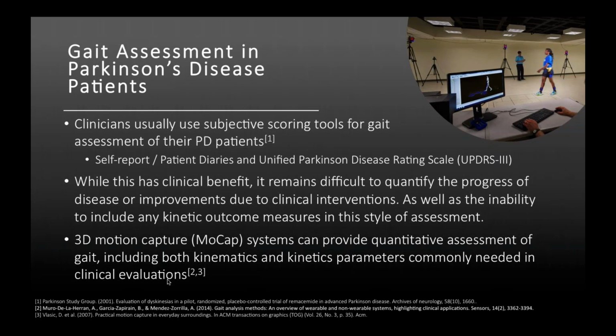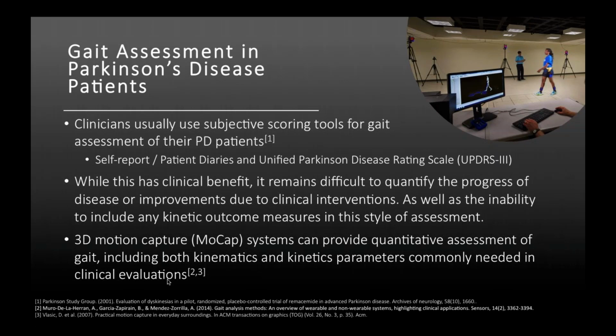Perfect. Okay, so when it comes to assessment of the disease, usually clinicians use subjective methods. Believe it or not, when they try to evaluate how their patients progress and improve with the intervention or over time, they use their own experience, or just visualize how their patients are walking, to see if it is getting better or not, using subjective measures, self-reports, questionnaires, and things like UPDRS scales.